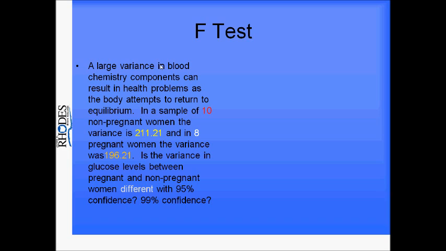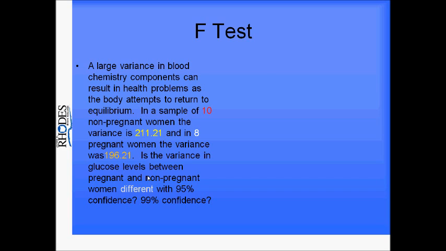And in 8 other pregnant women, the variance was 196.21. And what we want to know is, is the variance in the glucose levels between the pregnant and non-pregnant women the same or different? Are they different with 95% confidence and then with 99% confidence?